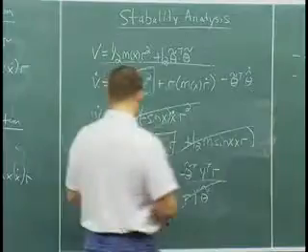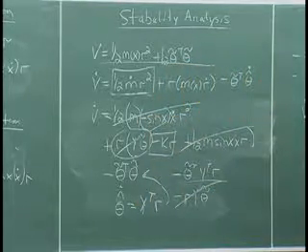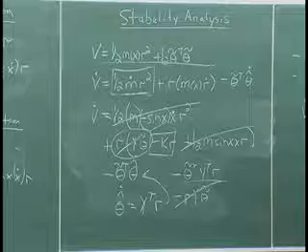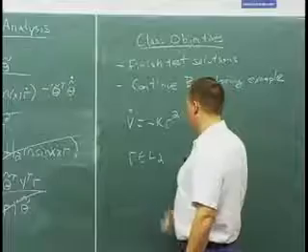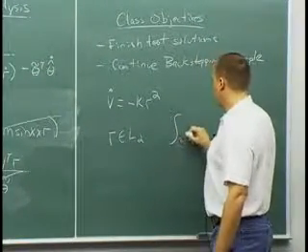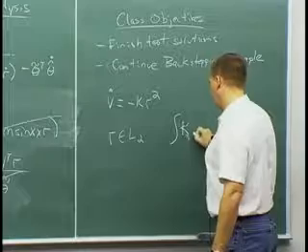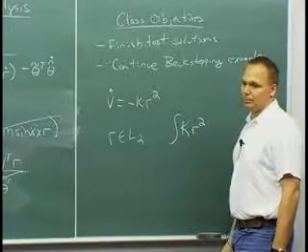But so if I were to continue this analysis, I would have v dot is equal to minus k r squared. And so I know that r is a member of L2. So this means that the integral of some gain times some signal squared has to be less than infinity.